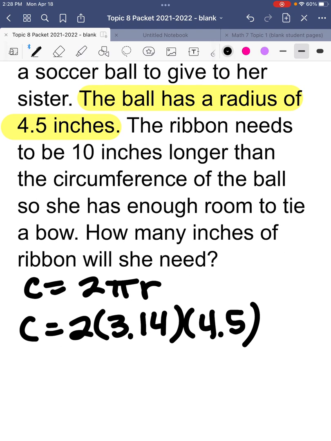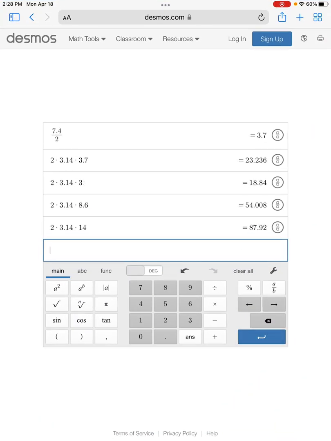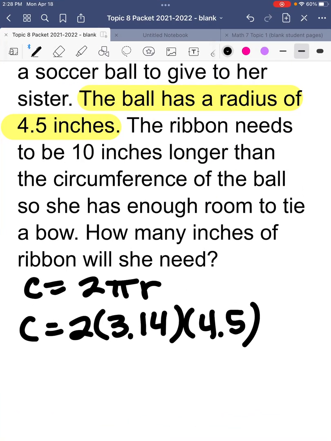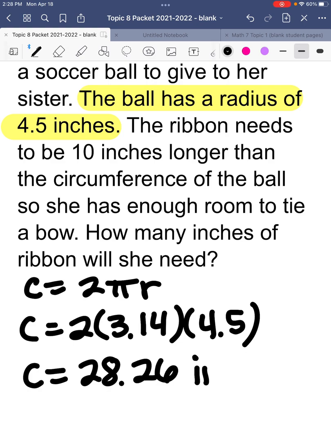So I'm going to plug that into my calculator to see what I get. So 2 times 3.14 times 4.5. I notice I get 28.26 for my circumference. So I'm going to go back over here and write that down. C equals 28.26, and I know it's inches, okay?